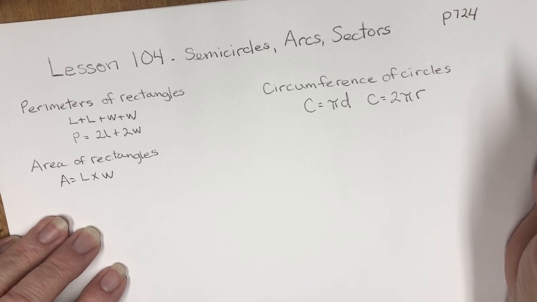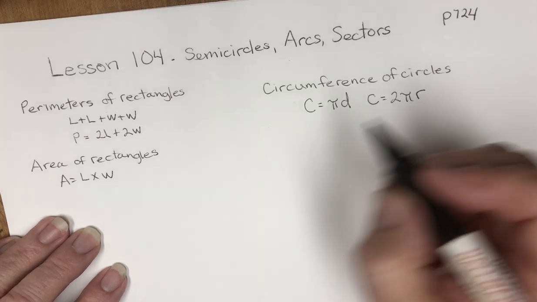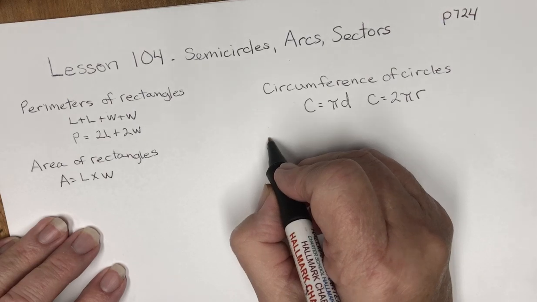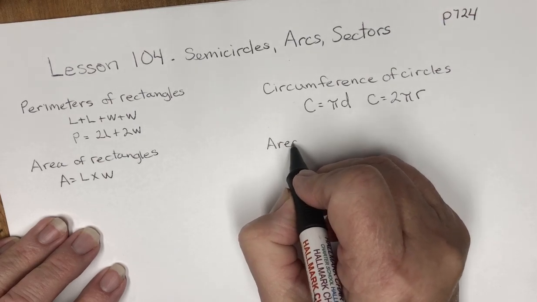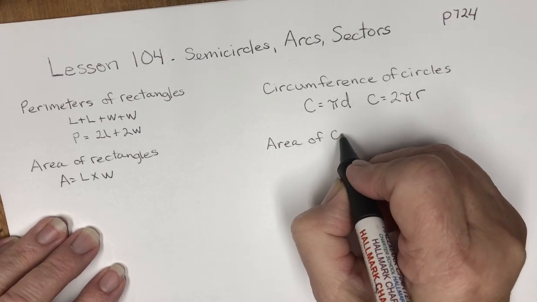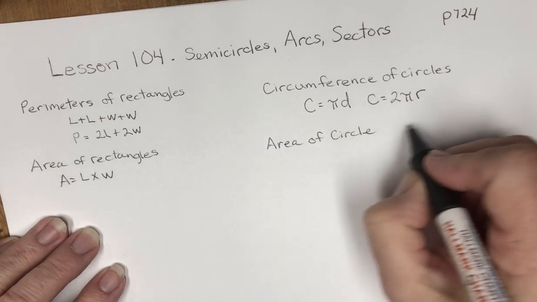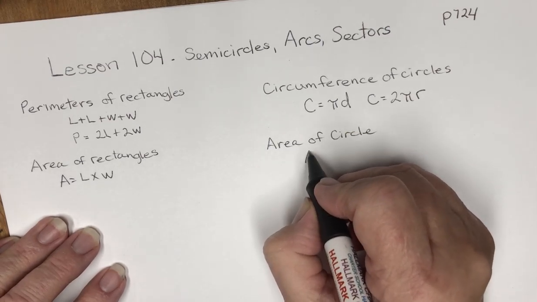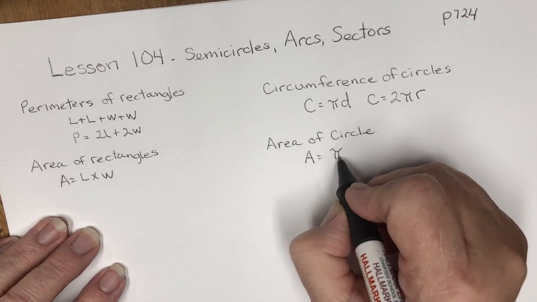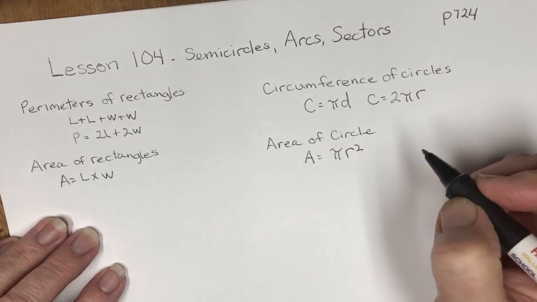So those are our two formulas there. They also are going to be asking us for the area of a circle. And that is the area equals pi times the radius squared.